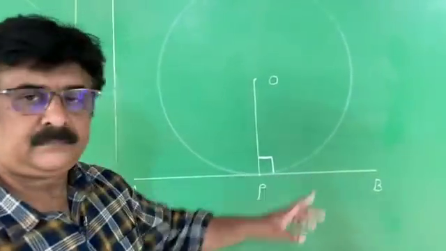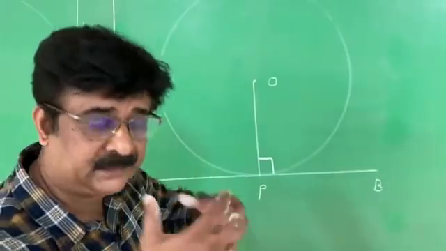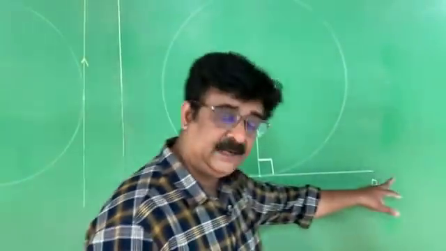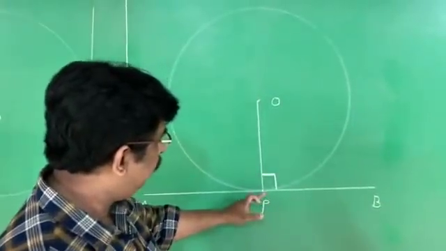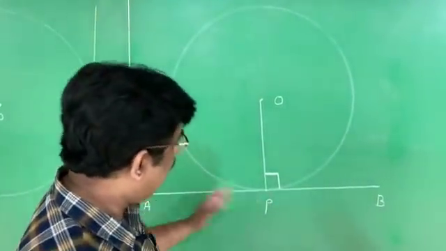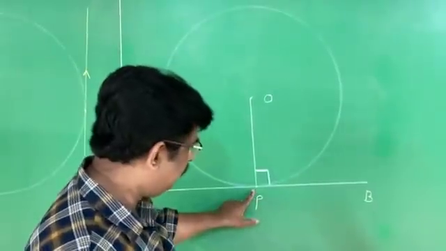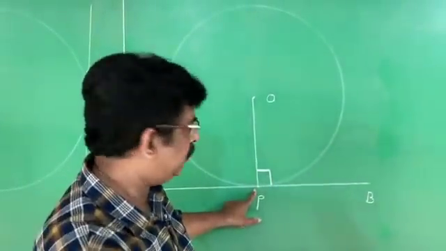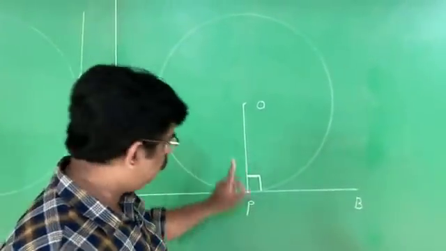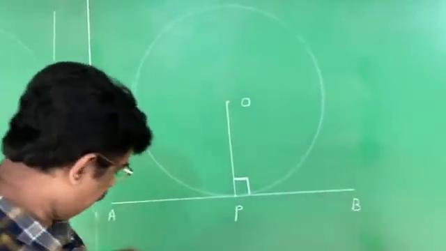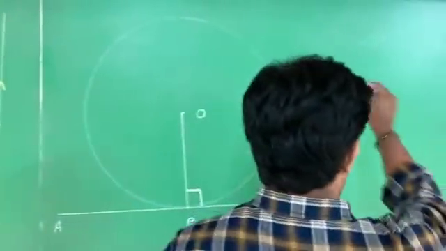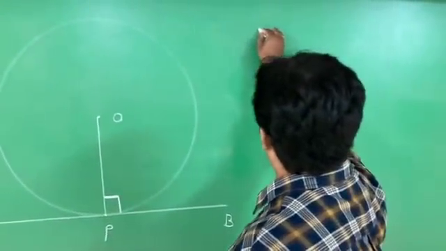Tangent. See, I repeat the statement. Tangent at any point of a circle is perpendicular to the radius through the point of contact. I repeat once again. See how nice it is. I write a rough diagram.